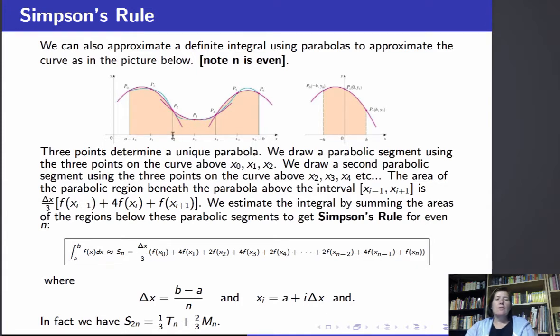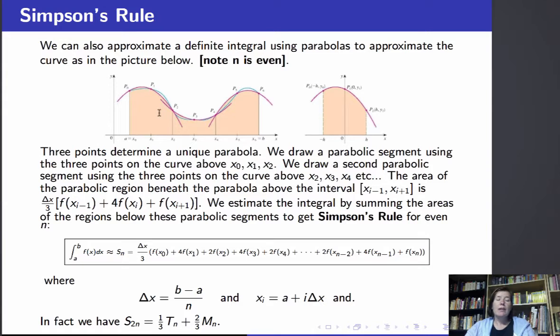They're the intervals from x2 to x3 and x3 to x4. Again we draw a parabola through the 3 points on the curve above x2, x3 and x4. And we continue on in this way until we've exhausted all of the subintervals in our n subintervals.